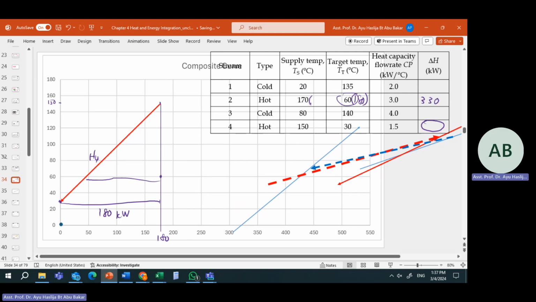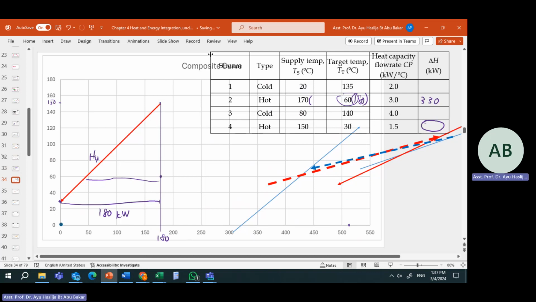What is the x-axis? 510. How do you get 510? Correct. 180 plus 330. Then you get 510. Somewhere over here.